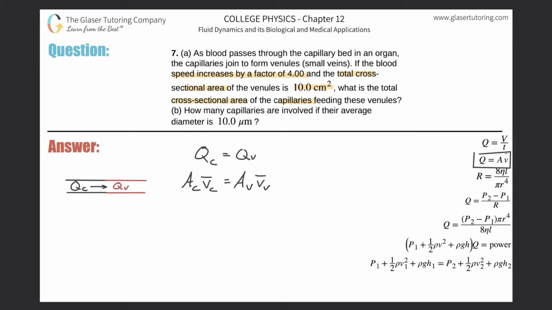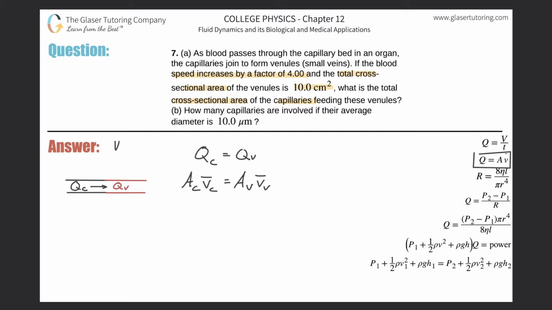But in any case, in terms of the equation here, it tells us that the speed increases by a factor of 4. So the speed increases as it moves through the venules compared to the capillaries. That's what that is telling us. So in other words, the speed through the venules, the velocity, is 4 times larger than the velocity through the capillaries.